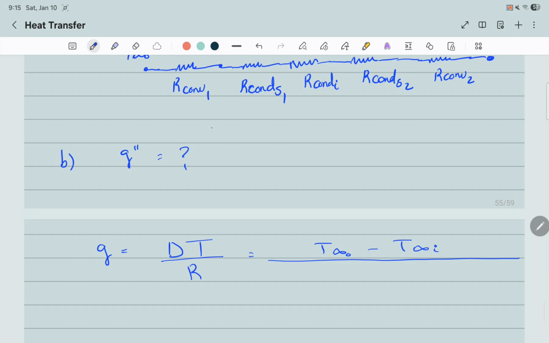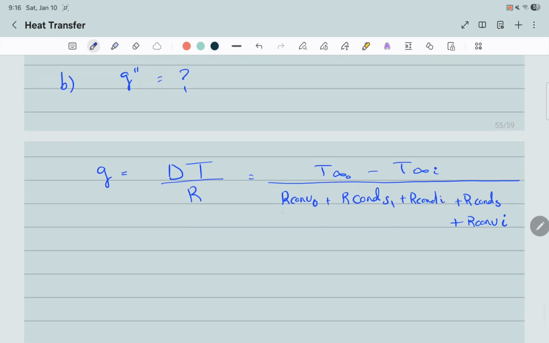So that will be R convection 1 plus R conduction of the first steel plate plus R conduction of the insulator plus R conduction of the second steel plate plus R convection, the second convection, or we can call it the inner. This will be the outer convection.